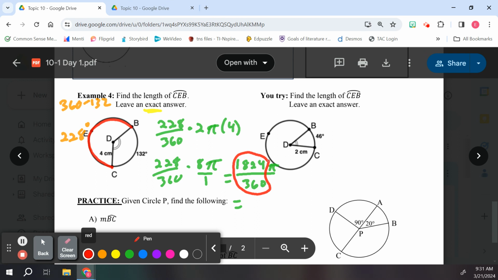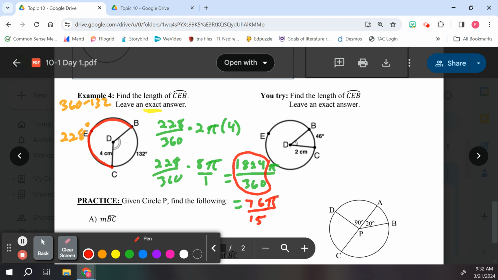So 1824 over 360, what are we left with as a fraction? Perfect. So I'm going to write down 76 over 15, and this pi just goes right with the 76. So there's your exact answer. You do not need to multiply by 3.14, okay?